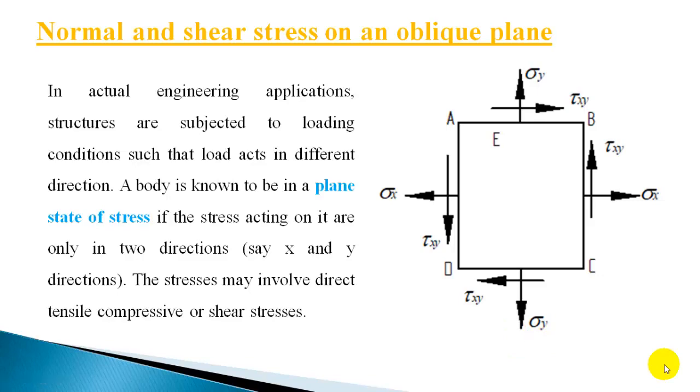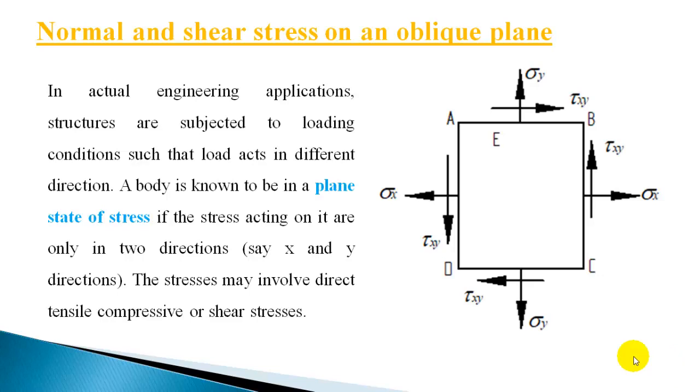It is only subjected to uniaxial loading. We have dealt with a number of cases subjected to stress acting only in one direction: axial loading of a member, whether it's tensile loading or compressive loading. So if the load acts in only one direction, you can easily find out the stress induced.